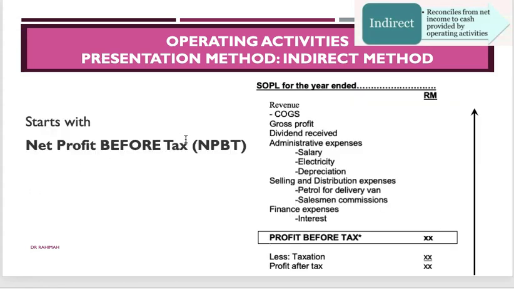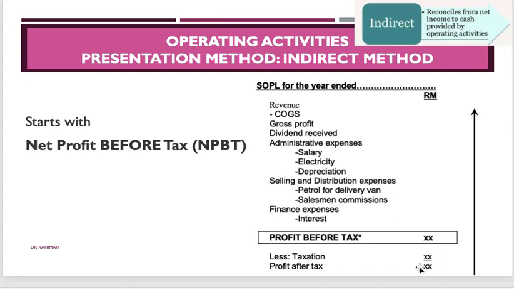So this is where you start with net profit before tax, where you get the figure from the SOPL. This is net profit after tax. So the one that you transfer into your cash flow is actually before the tax. So if the question gave you after tax, that means you have to add back.